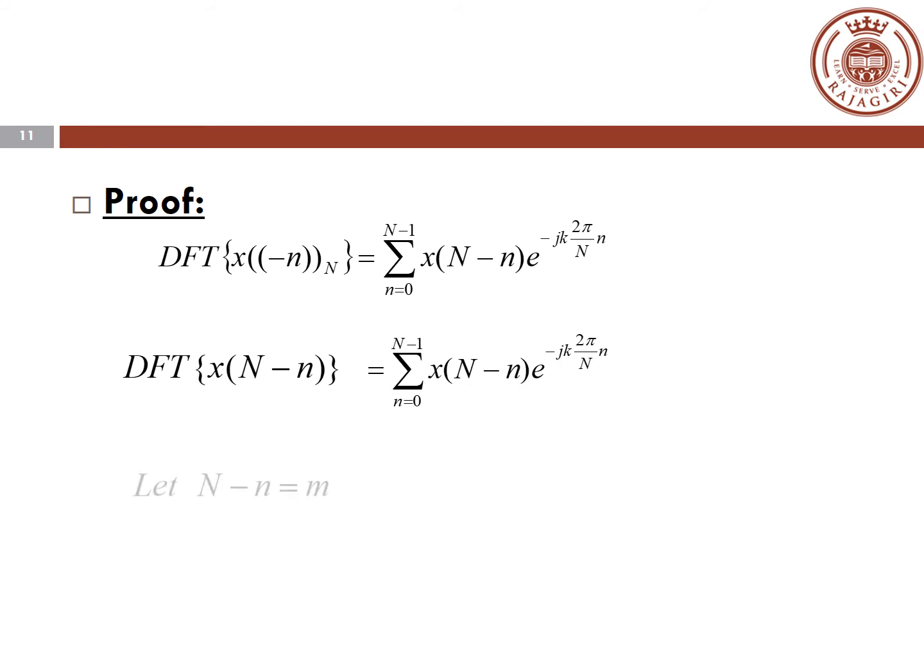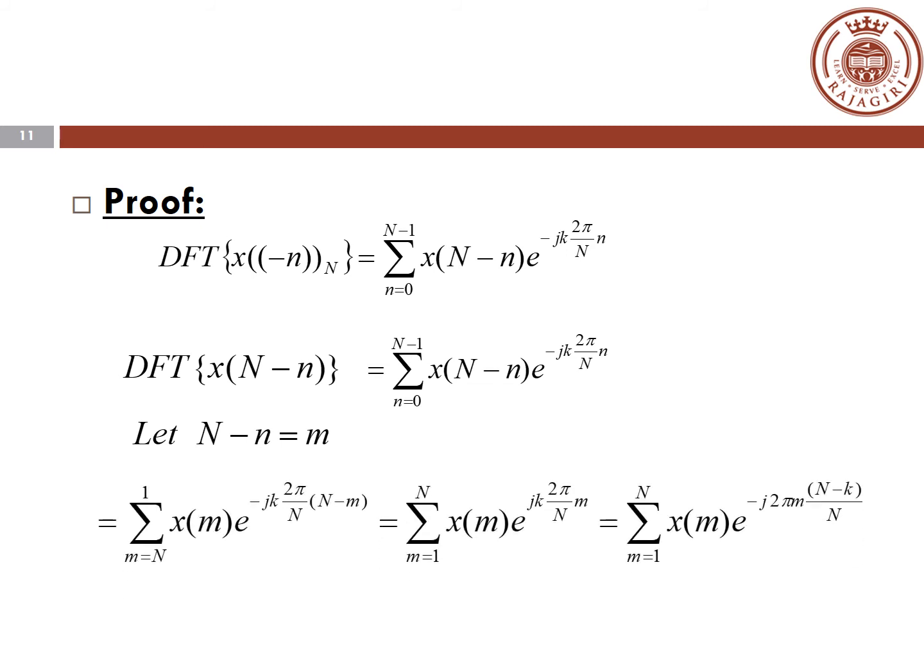Let us denote N minus n as m, and change the summation from the variable small n to small m. So when n is equal to 0, m varies from N to 1, you can just substitute it and see, and x of N minus n can be written as x of m, and small n can be replaced as capital N minus m, and that is what is shown here.